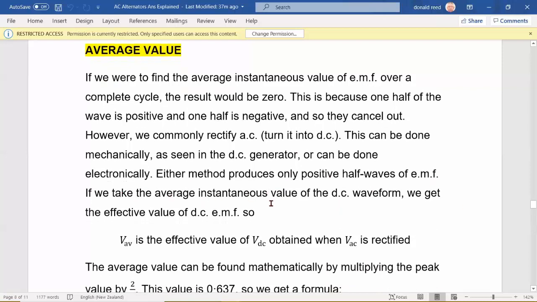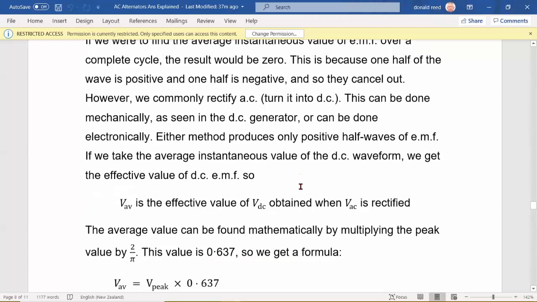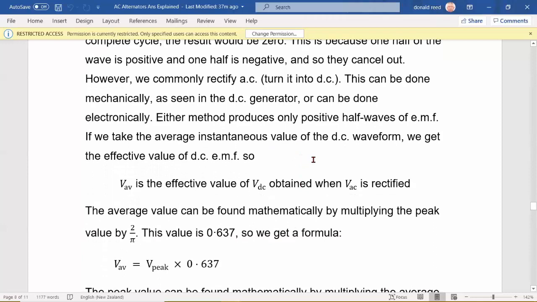If we take the average instantaneous value of the DC waveform, we get the effective value of DC EMF. So the effective value of EMF is equivalent to the DC average.